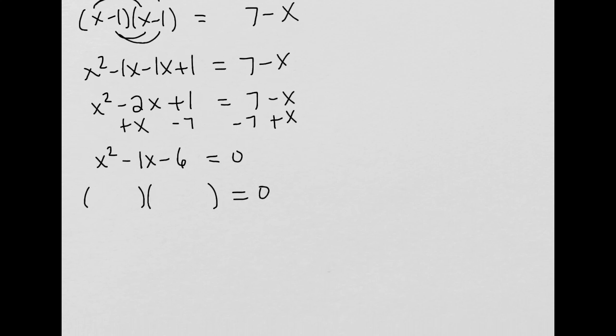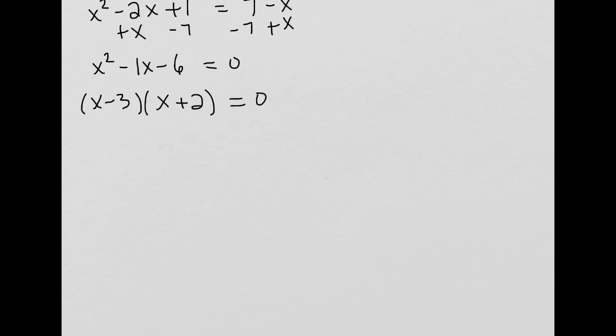But this one actually does factor pretty nicely, so I get x minus 3 times x plus 2. And then if I set each factor equal to 0 and solve the mini equations that I'm left with, I get candidate solutions of x equals 3 and x equals negative 2.